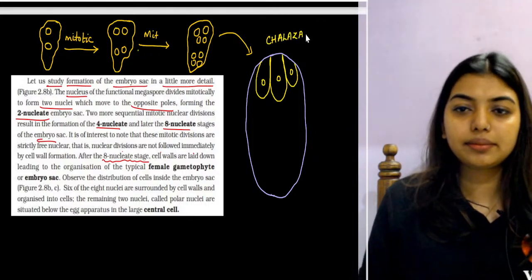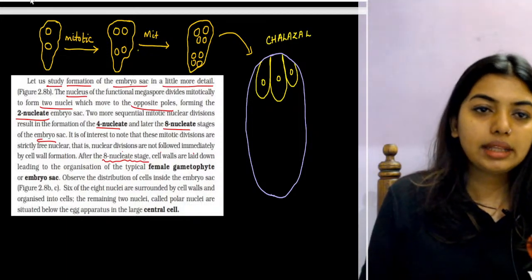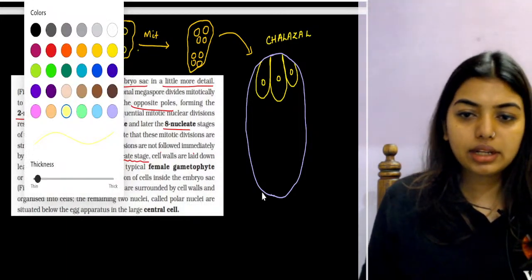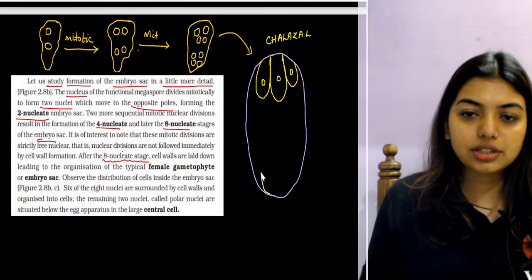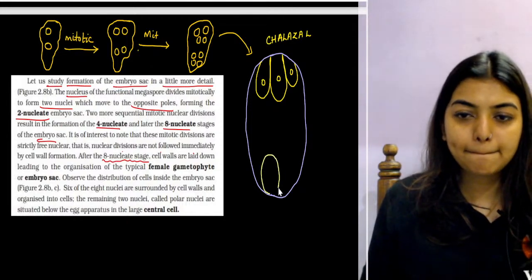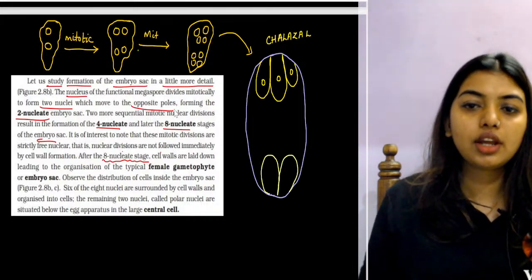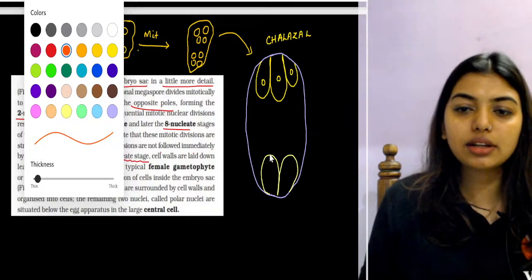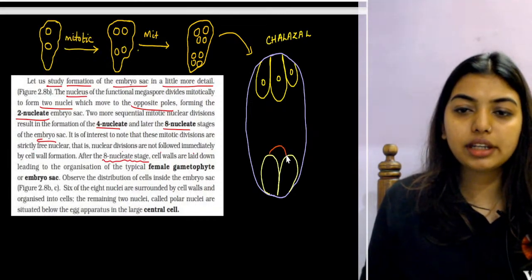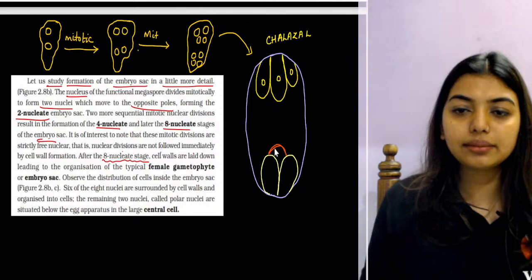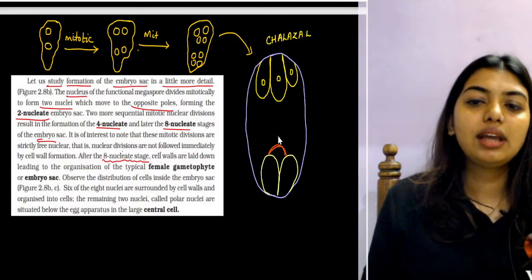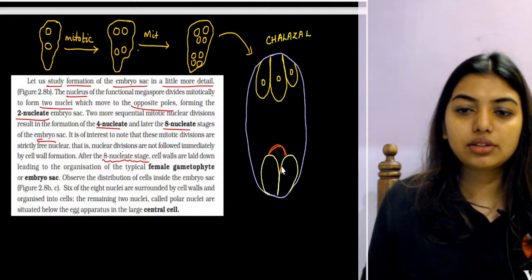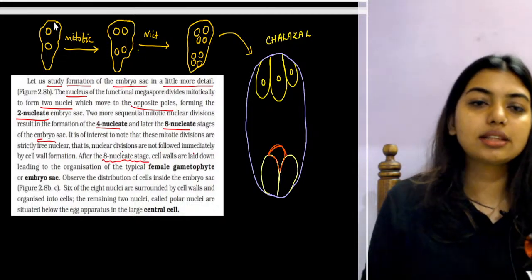In the other end, there were synergids. 1 2 synergids. And the most important, our heroine is here, hiding behind the security, that is going to be your egg. Clear? So students, they have full Z-line security, that the synergids are there and the egg is there.